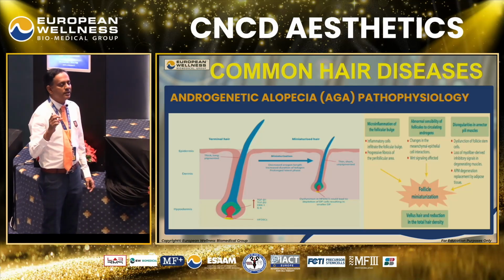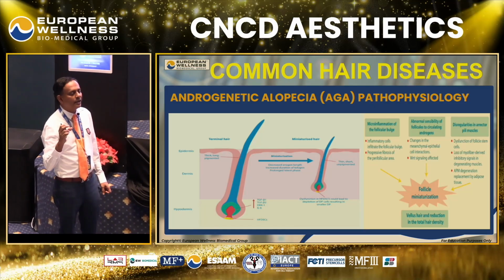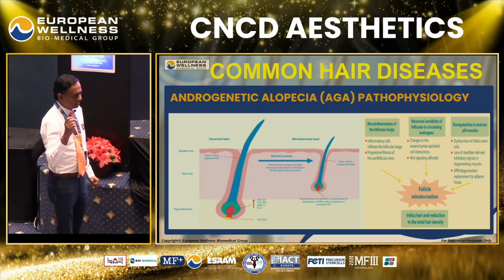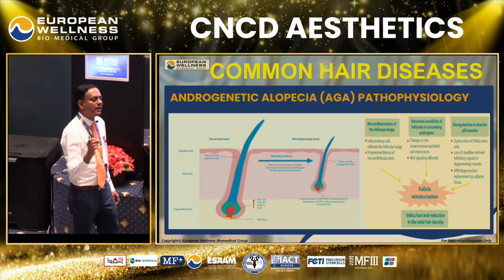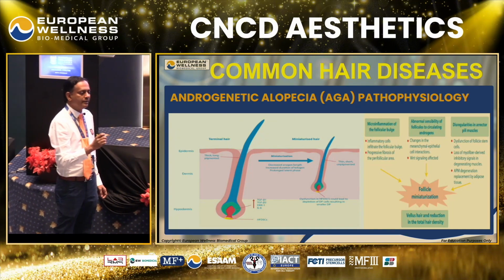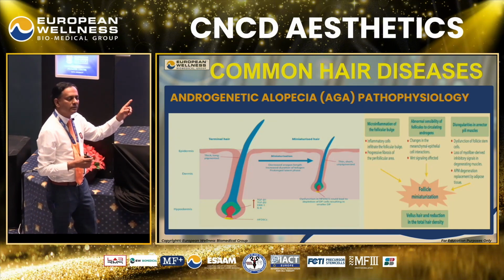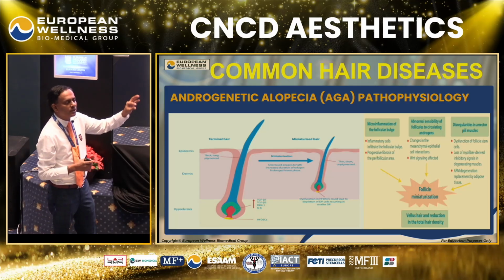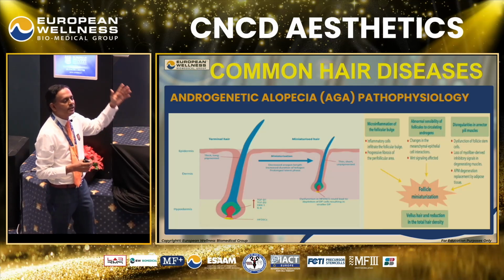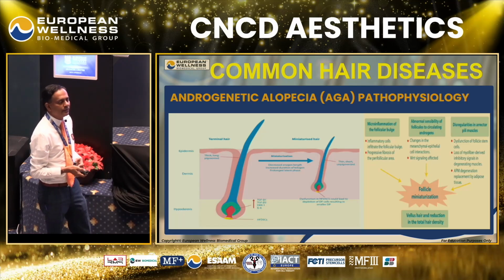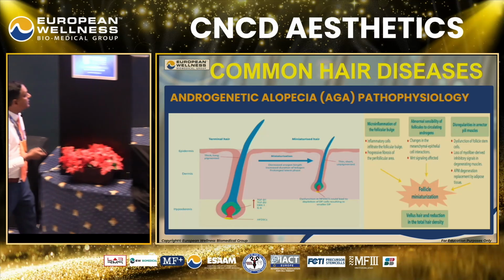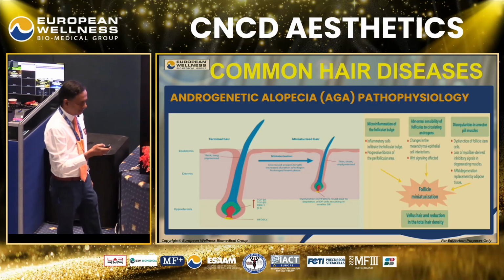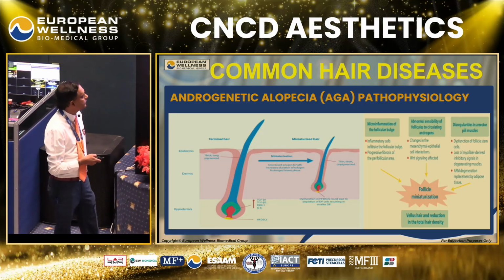So initially it is terminal hair or coarse hair, and it's replaced by fine vellus hair. So this whole cycle means the bigger hair is replaced by smaller, smaller, smaller, until finally there's no hair growing anymore. All right? So this is the underlying pathophysiology of androgenetic alopecia.